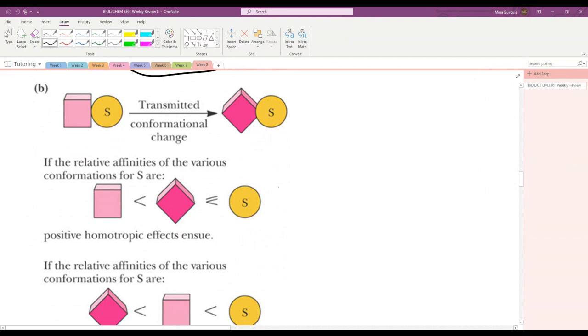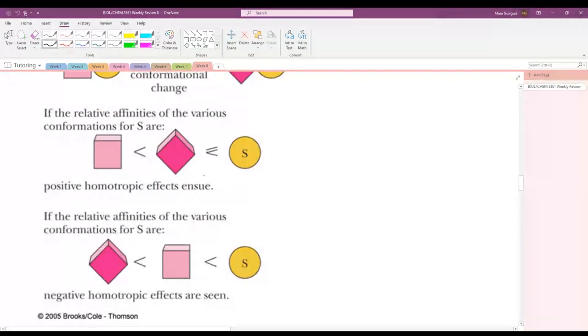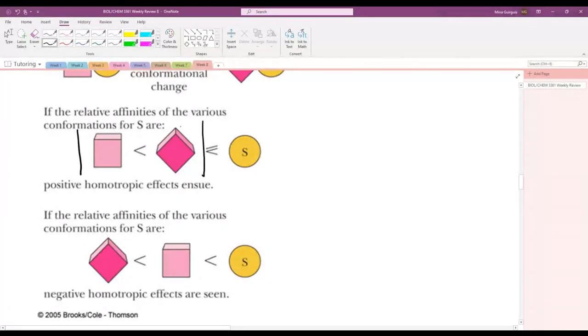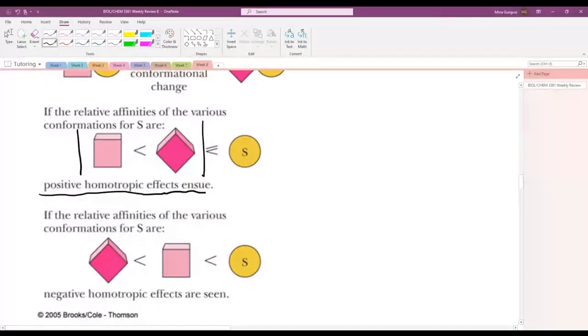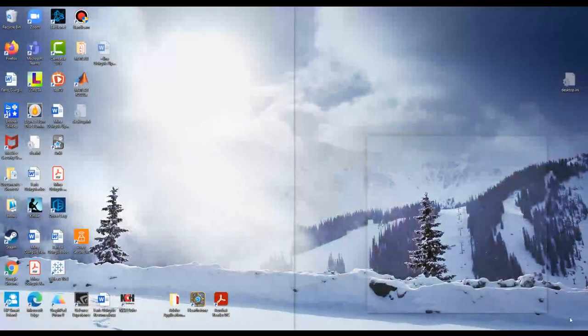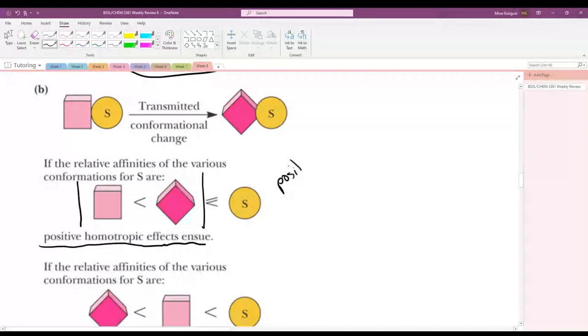What this next bit is telling us, if the relative affinities of the various conformations are those, and this is kind of confusing, but for now, let's ignore S. We're just looking at this part. If the diamond binds better to S than the square, positive homotropic effects ensue. In other words, if this conformational change to the diamond is better for substrate binding, that's positive cooperativity.